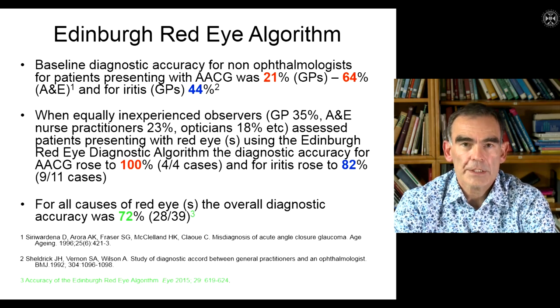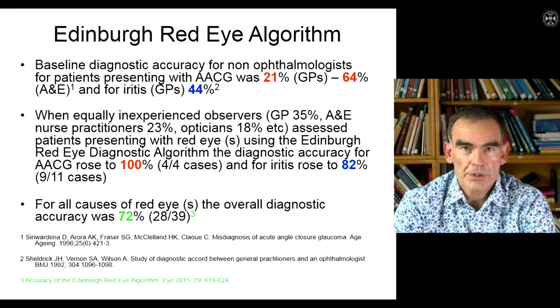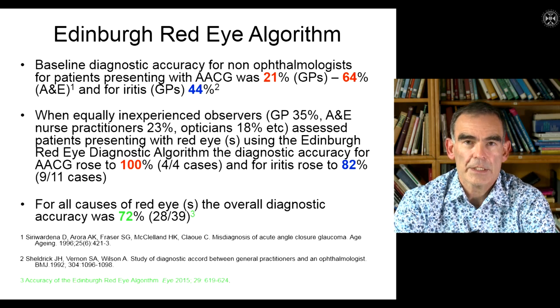Then we had some inexperienced observers, GPs, A&E nurse practitioners, opticians, who would use the algorithm to come to an algorithm assisted diagnosis, and then the same patient would be seen by an experienced clinician. In this study it was a specialist ophthalmological trainee of ST3 or above, very often an associate specialist or even a consultant, and they would come to their diagnosis, and effectively that would be the gold standard.